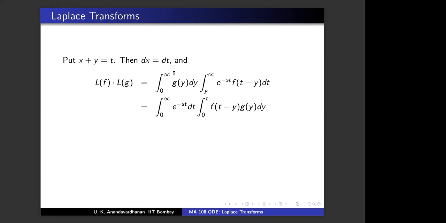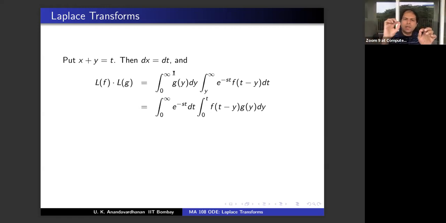So you draw the line x equal to y, and this is that shaded region. I'm sure you would have done many such examples.